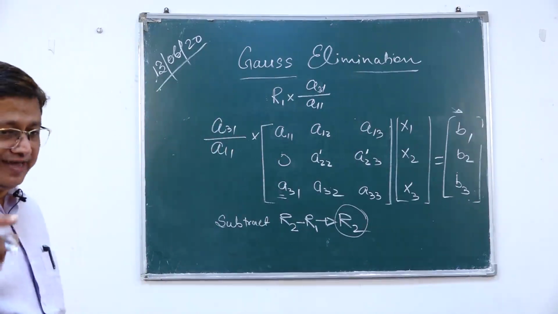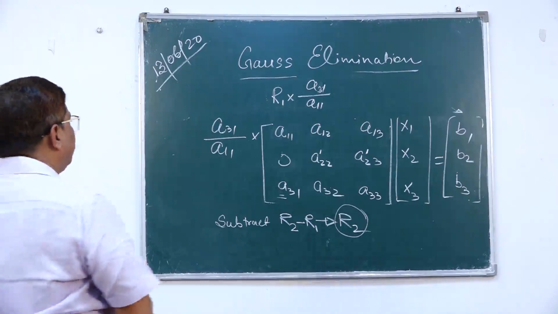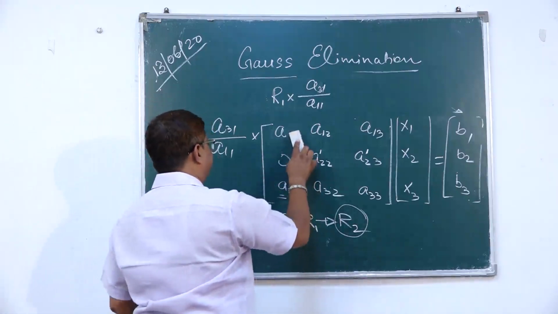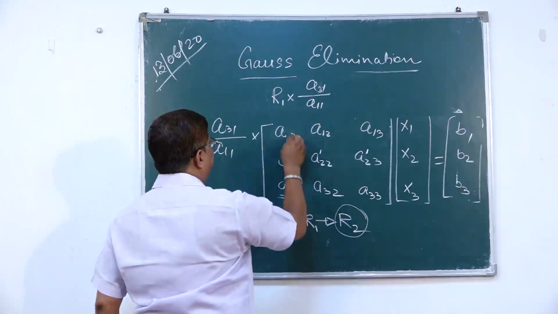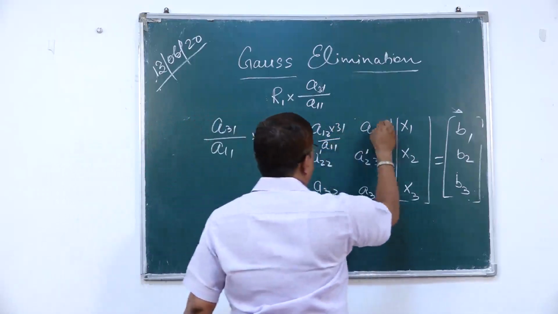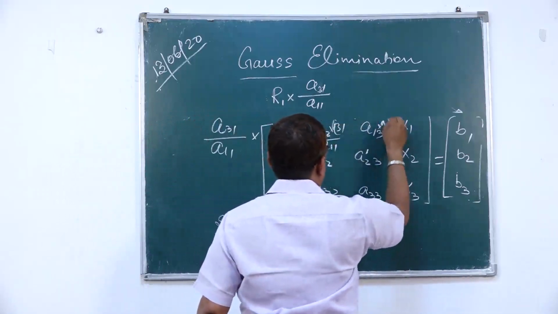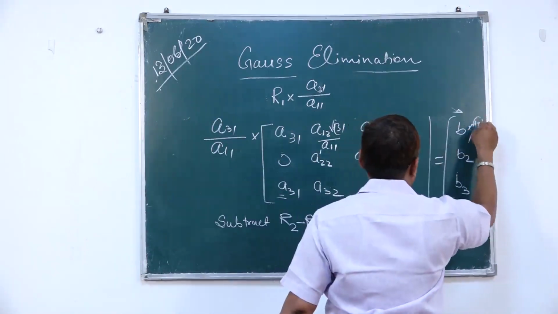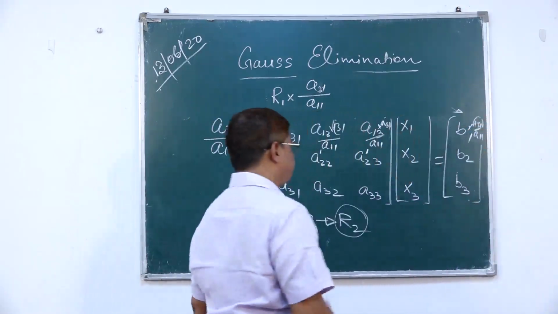Then the equation becomes A31 by A11 into A31 by A11.